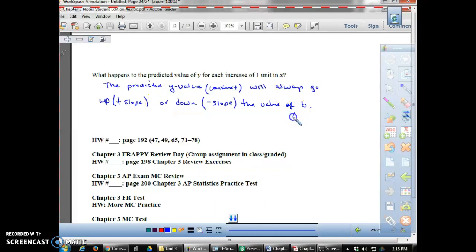And then, of course, this is going to be your b from y hat is equal to a plus bx. So the predicted y value in context of the problem will always go up or down the value of b, and also put it in context as well.